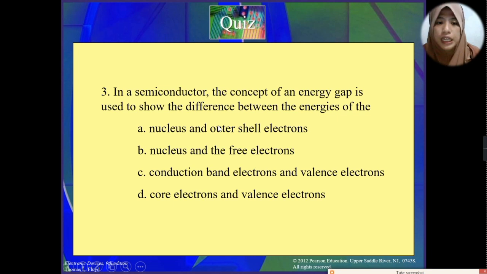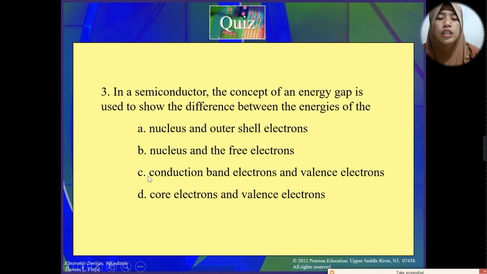And number 3, in a semiconductor, the concept of an energy gap is used to show the difference between the energy of letter A, nucleus and outer shell electrons, letter B, nucleus and the free electrons, letter C, conduction band electrons and valence electrons, letter D, core electrons and valence electrons. So, the answer here is conduction band electrons and valence electrons, letter C. Because when our electrons gain additional energy, they will start to leave the valence band toward the conduction band.